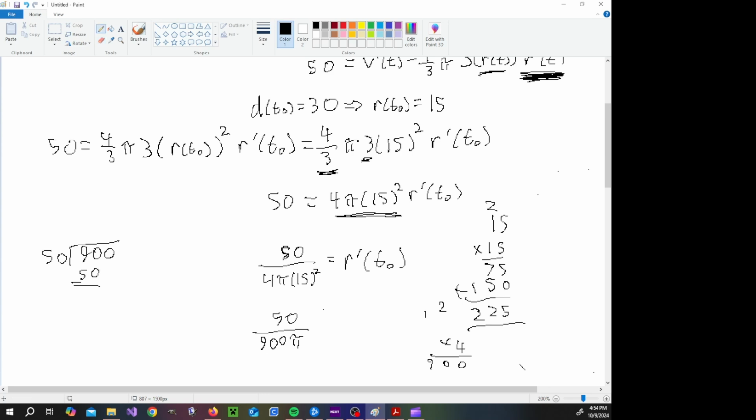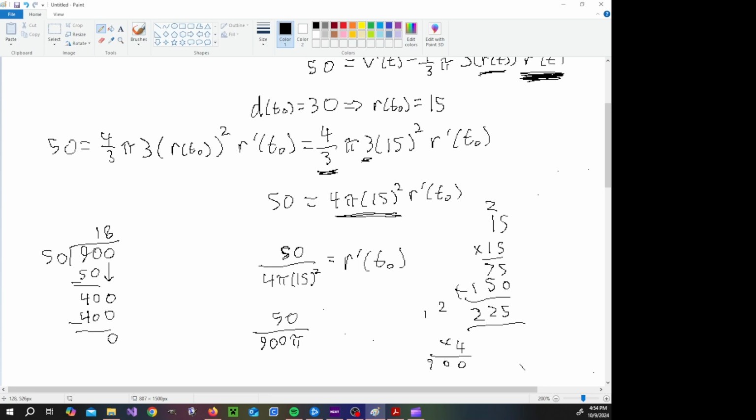No, no, yeah, that's fine. 50 goes into 90 once, and it leaves 40 over, and then our 0 comes down. 50 times what gives me 400? 8, just 8, right?